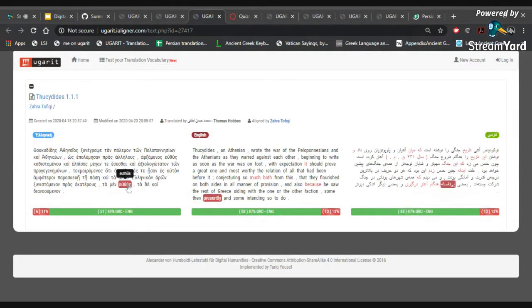At the same time, it shows me, as someone who's observing the learning process, that the learner who is aligning the text is quite aware, for example, that probably this word here, which has been aligned with "intending so to do" in English, is not the exact equivalent of what we have in Persian, which means "a bit later."